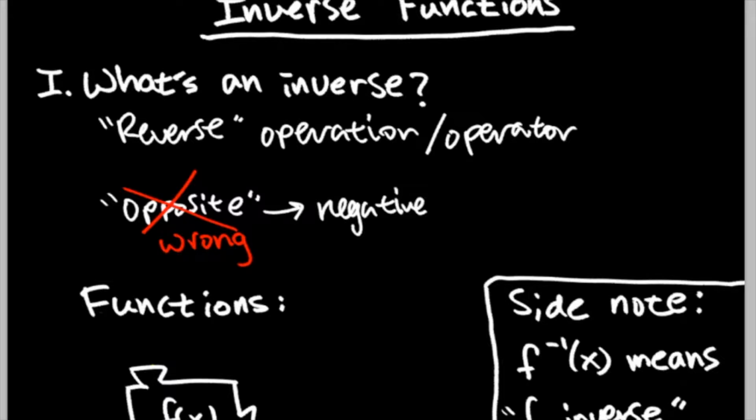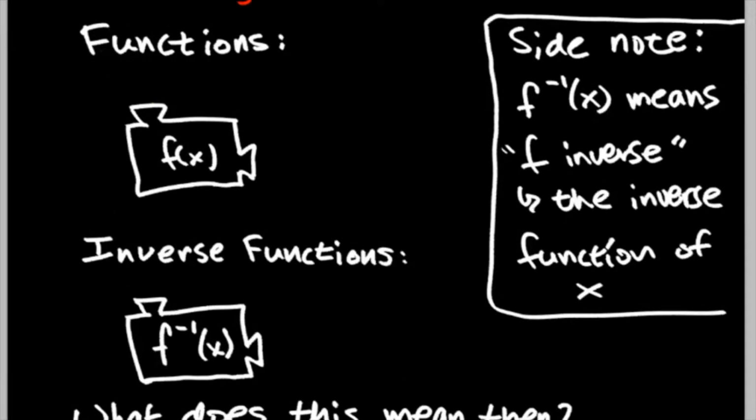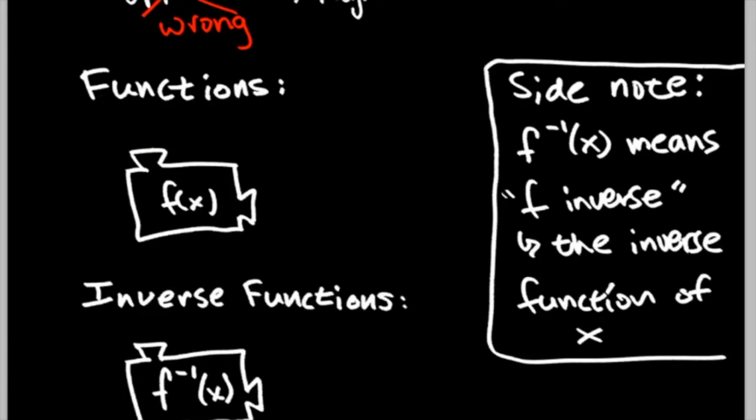All right, so for functions and inverse functions, let's look at what they mean. Quick little side note, like literal side note. This notation means f inverse. So that function itself is the inverse function of f of x.